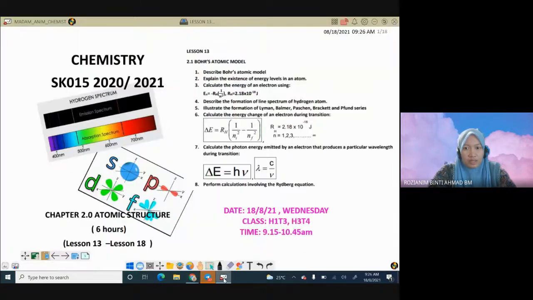So we focus on our lesson for today. This is regarding chapter 2. In the last lecture, we already discussed the concept of 2.2. So 2.2 is the relationship, or the continuing lesson after we learn about Bohr.